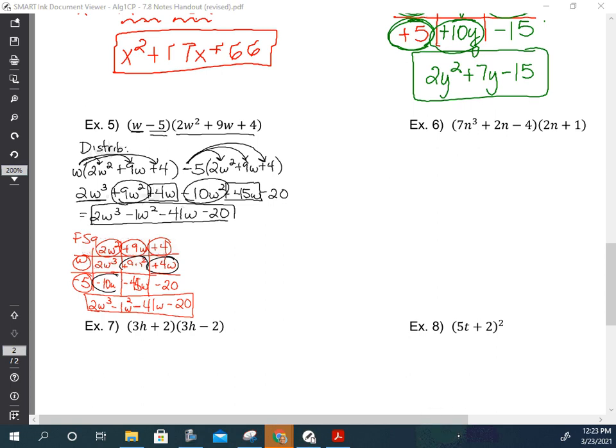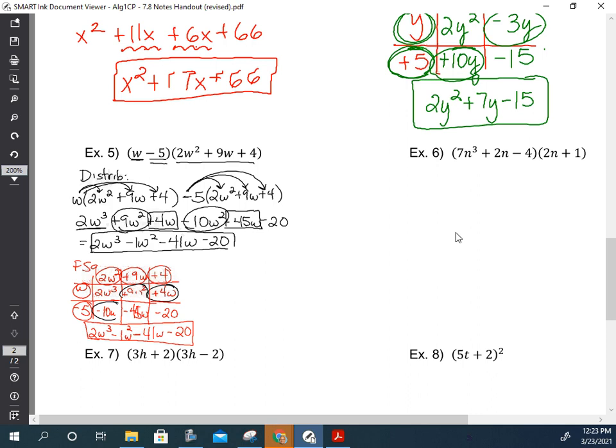So let's do example 6. For example 6, I'm going to show it using the Punnett square. But if you prefer distributing, do the way that's going to make more sense for you.